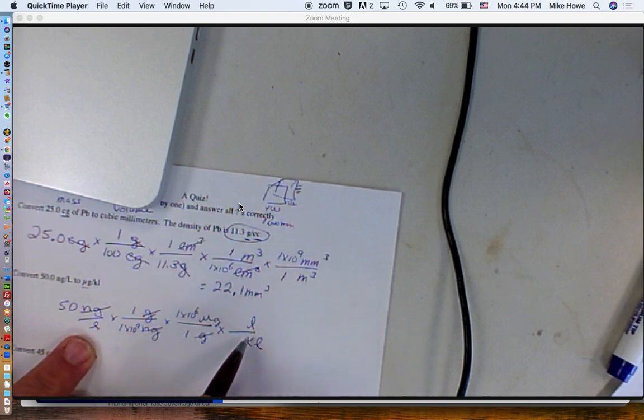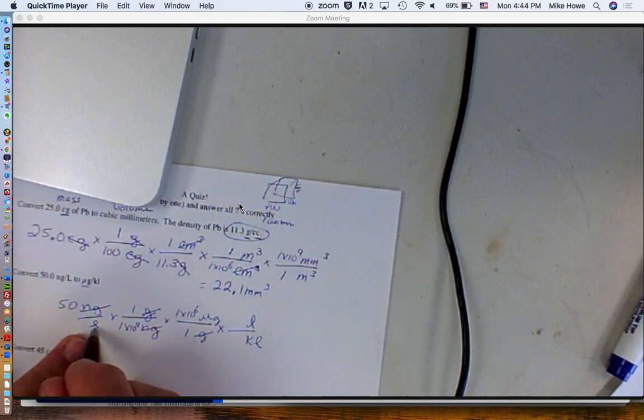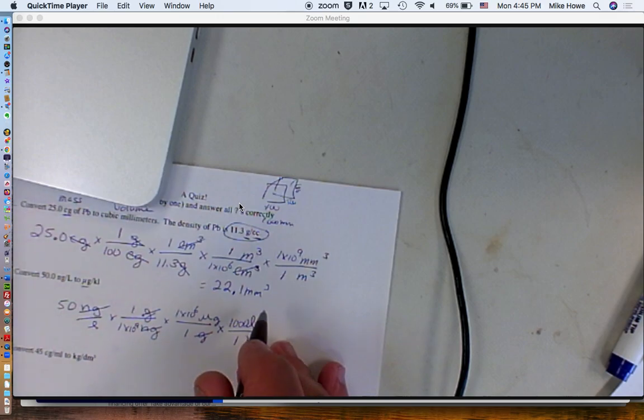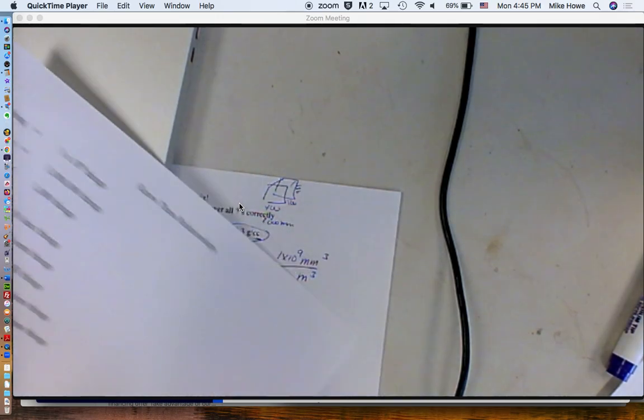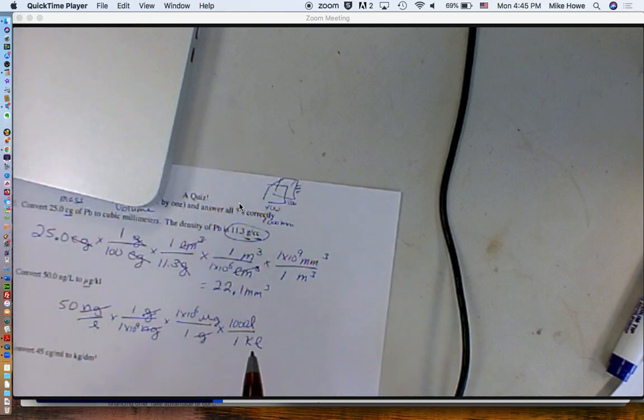This is a base unit, so we don't have to do what we did here, is go to a base unit. We're already just looking to get rid of a base unit. You already had a base unit here. So relationship, one of these is 1,000 of those. Again, we know that because on the things list it says that a kilothing is 1,000 things, so a kiloliter is 1,000 liters. Now we're ready to do the math.